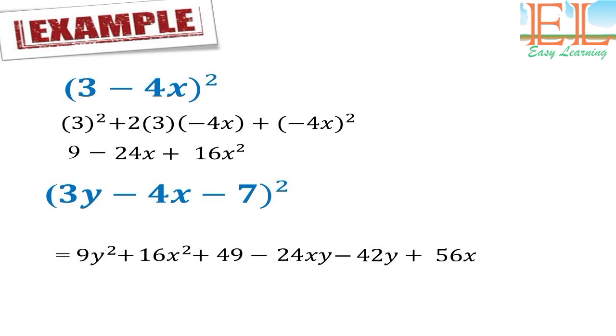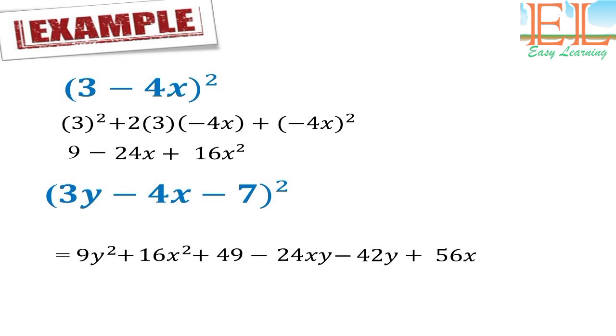Then finally, I'll take 2 times negative 4x times negative 7. And I'll get 56x. I know you can do this with any binomials or polynomials given to you.